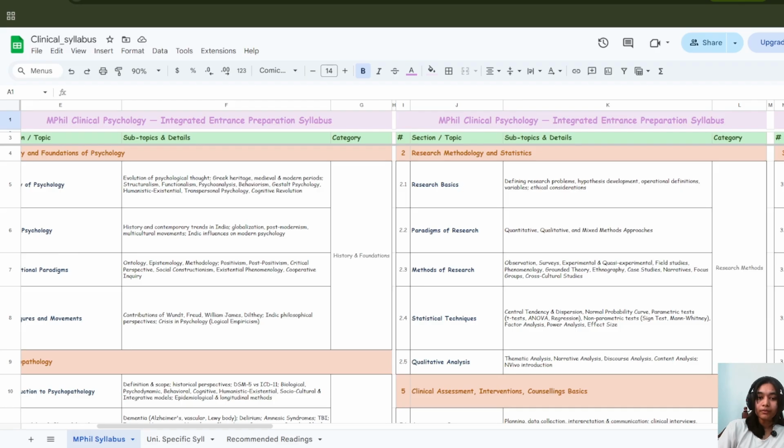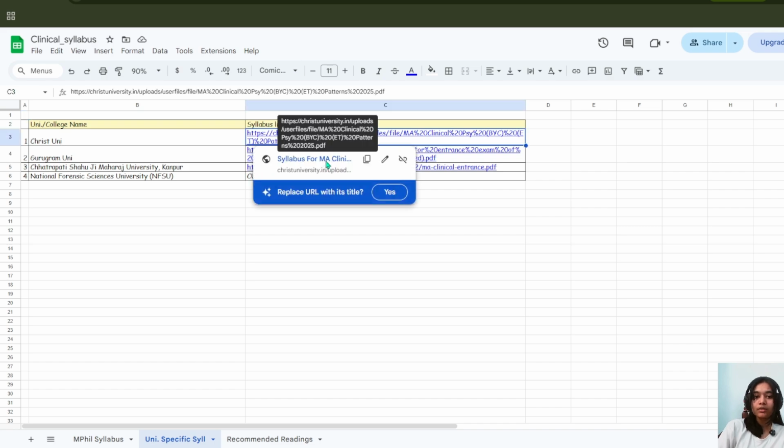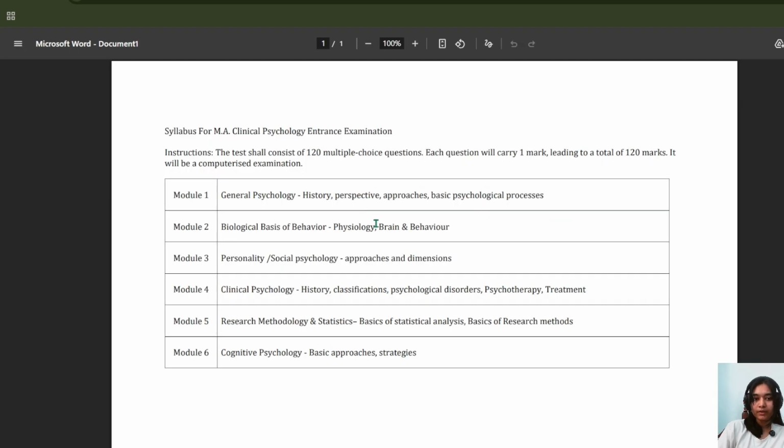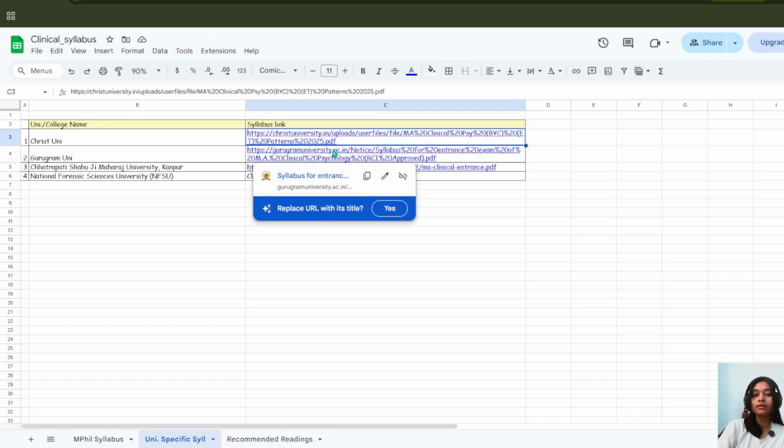But apart from that, there are universities that have given their specific syllabus, like Christ University. So if you don't want to go through the whole list that I have given you, just go through the university-specific syllabus page and understand, okay, they want this, so I would cover all of this. What else?